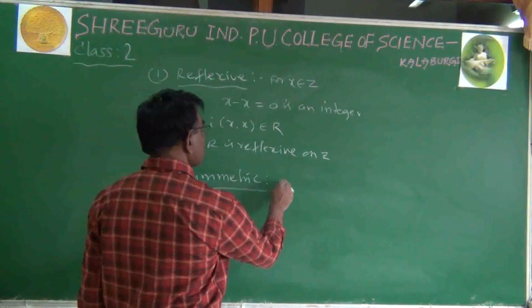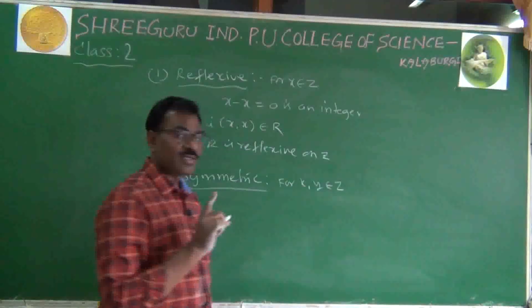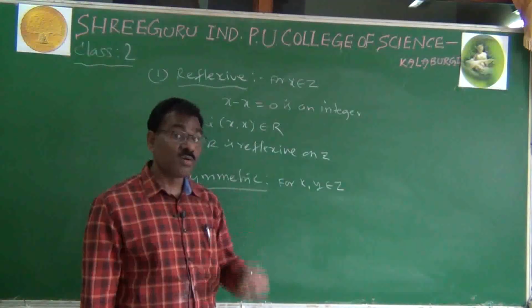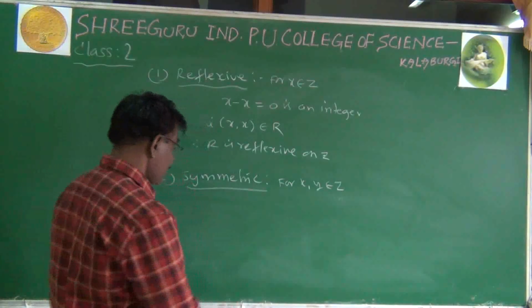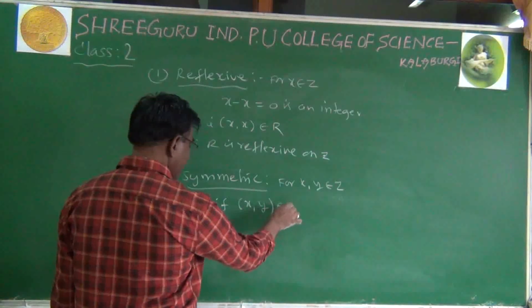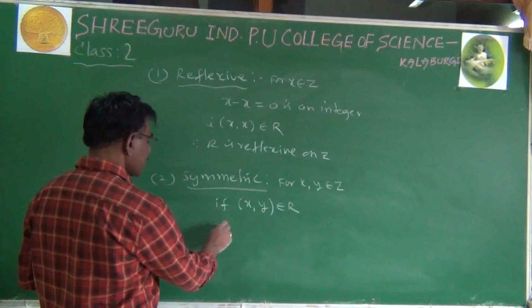How many elements? 2 elements. For X comma Y belongs to R, it is Z. These 2 elements belong to Z only, integers. If X comma Y belongs to R, it is given. Given means what?